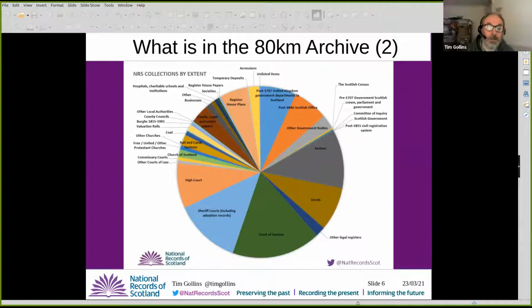From High Court around to Sasines on this diagram is actually court and legal documentation. That arises because of the way in which our archival acts are framed. The 1937 Public Records Act in Scotland focuses on the records of the legal system in Scotland and the courts of Scotland, and we're still governed by that, and it heavily influences the shape of our collection.